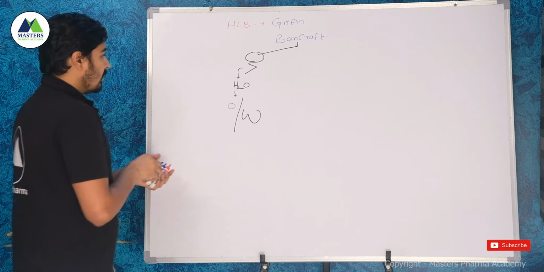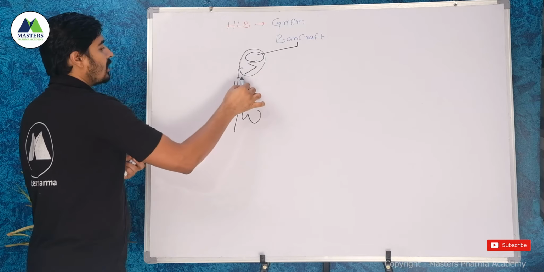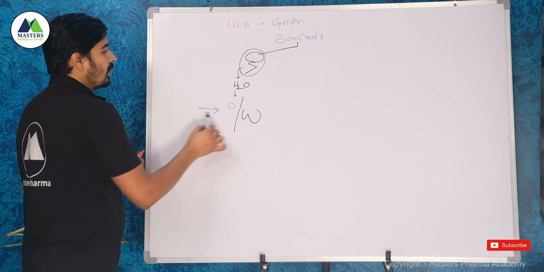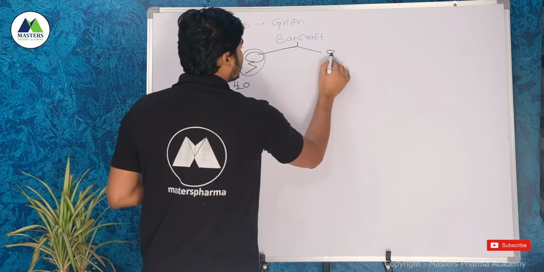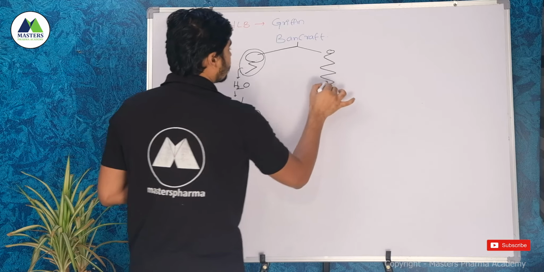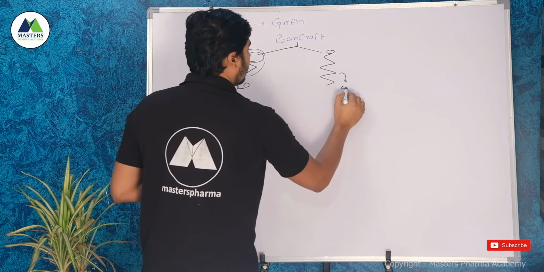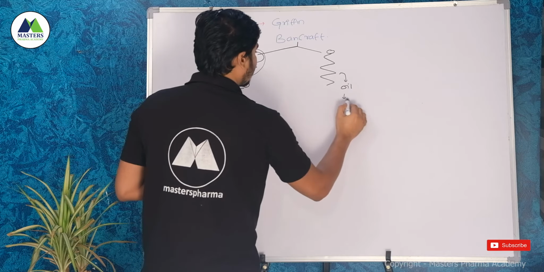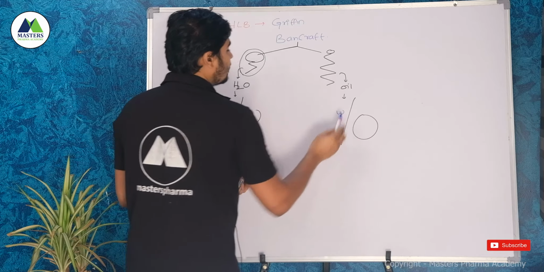So based on the solubility of this emulsifying agent, if it is more soluble in water, it will form O by W emulsion. And for example, if the emulsifying agent has a larger tail, it is more soluble in oil. That means here the continuous phase is oil and the discontinuous phase is water.